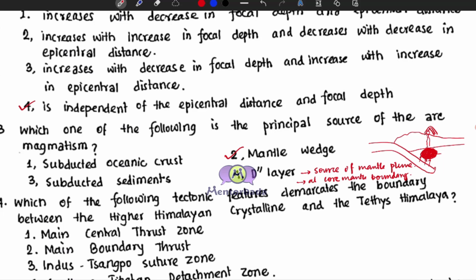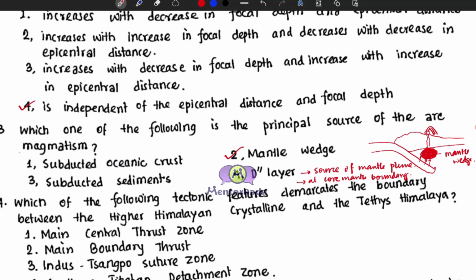Subducted sediment will also not be your answer, because subducted sediments are not easily carried to this depth, and subducted oceanic crust is not melted. Subducted oceanic crust actually dehydrates, releasing water and other volatile materials to the overlying mantle wedge. As a result, the melting temperature of the mantle wedge decreases and it promotes melting.